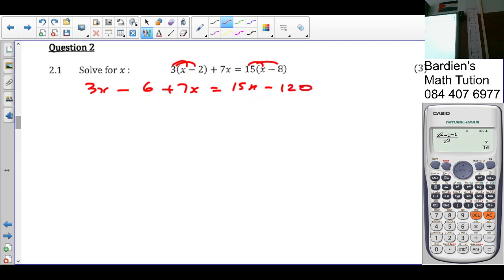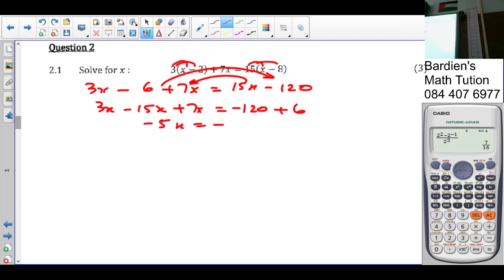So what do I do now? x's one side, numbers the other side. So it's going to be 3x minus 15x plus 7x equals negative 120 plus 6. So it's going to give you negative 5x equals negative 114. So I divide by negative 5 both sides. So x is 114 over 5.